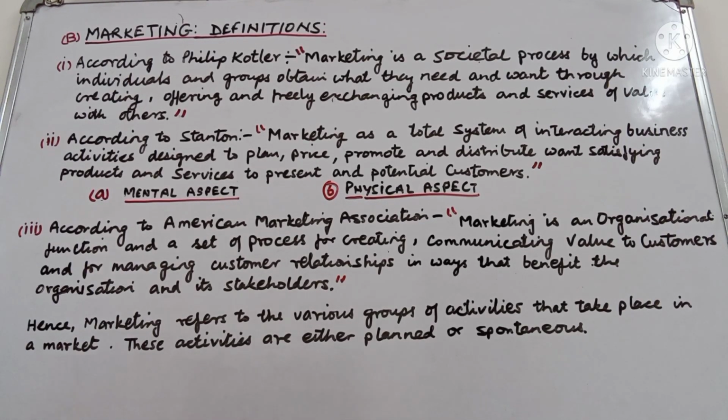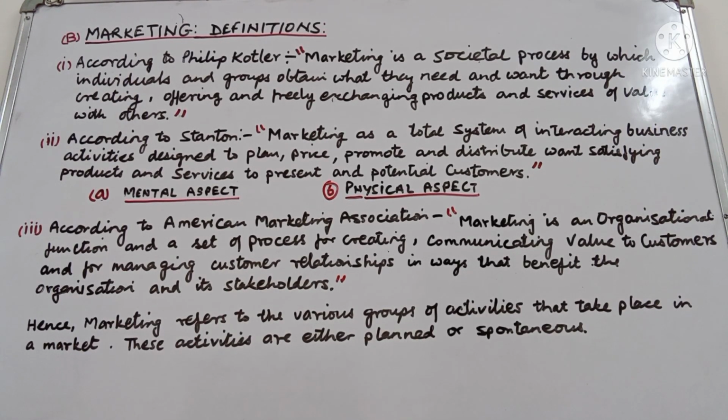According to Stanton, marketing is thus a process of exchange involving 2 aspects: the mental aspect and the physical aspect. The mental aspect involves the seller knowing what buyers want, at what price, when and where, what quality, and in what quantity.